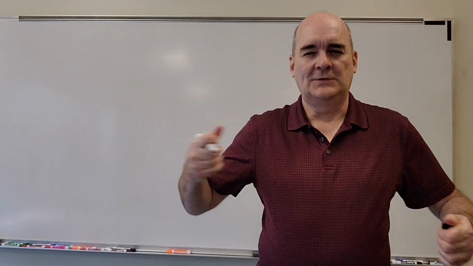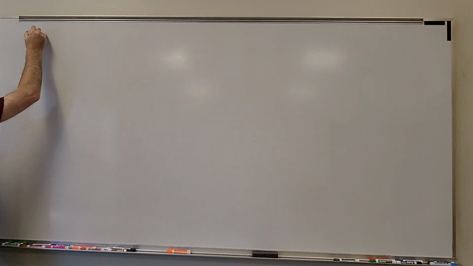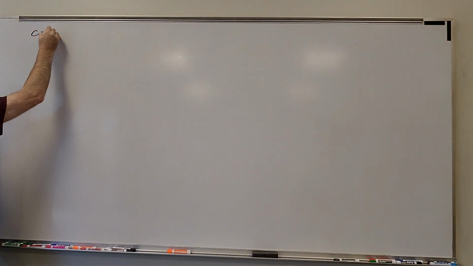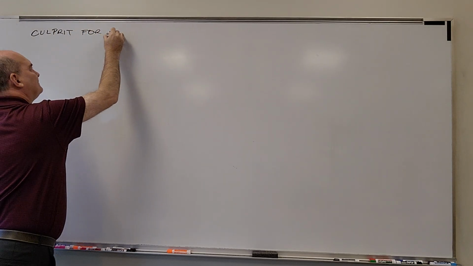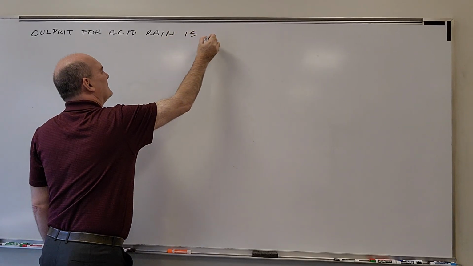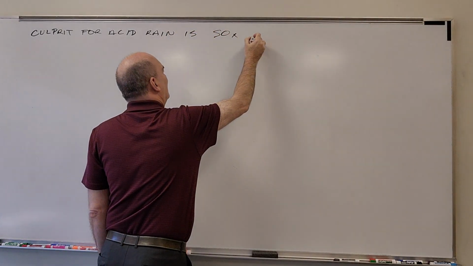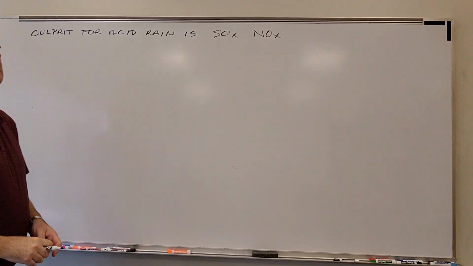Okay, so it's going to come as absolutely no surprise that the main culprit for acid rain are sulfur oxides and nitrogen oxides.